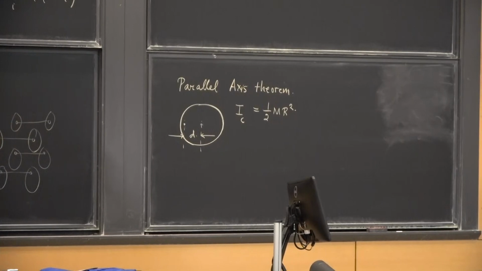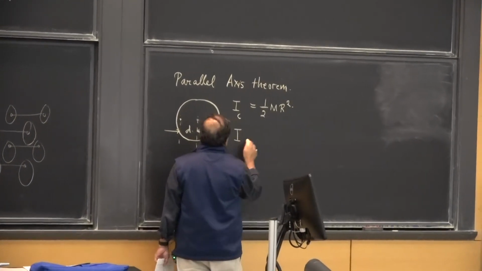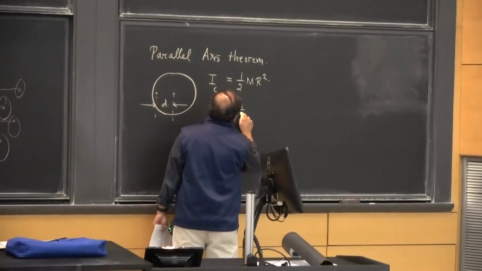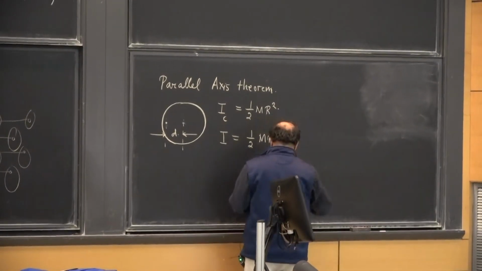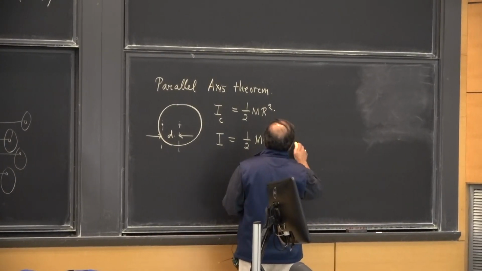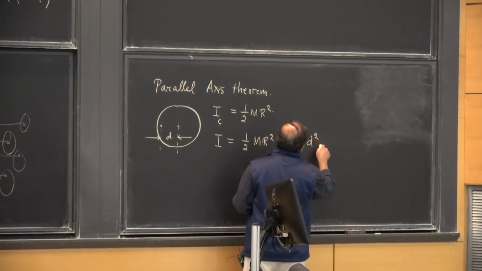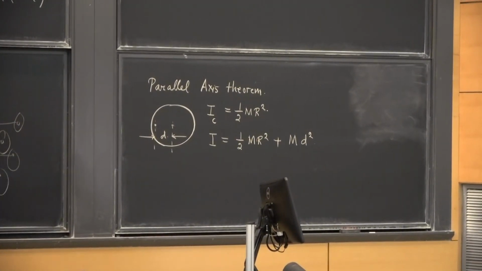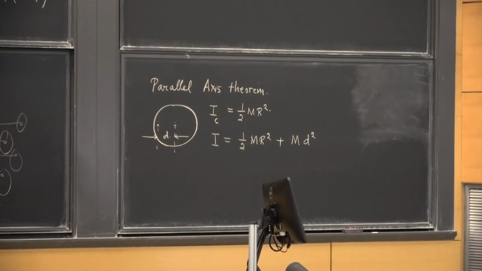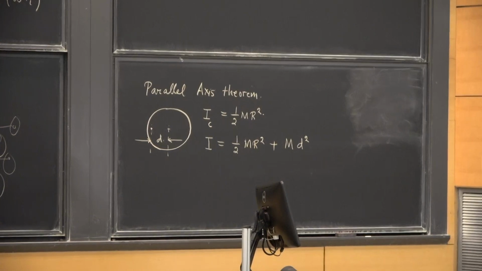Let's say in this case the distance between these two is d. Then the moment of inertia I about this point is going to be the moment of inertia about the center, that's very important, plus the mass of the object times the distance d squared. The distance is the distance between the two points, in this case the original axis and the new axis.